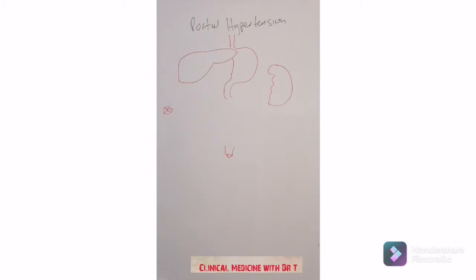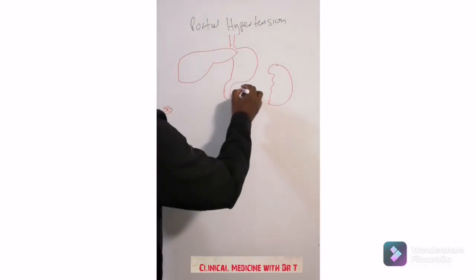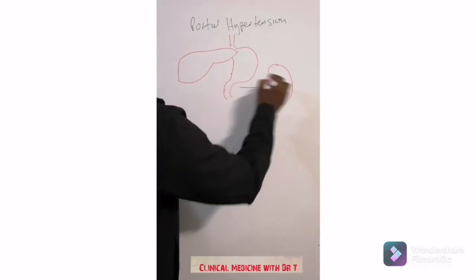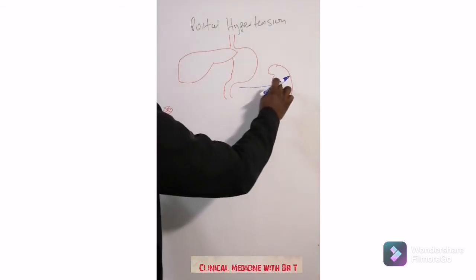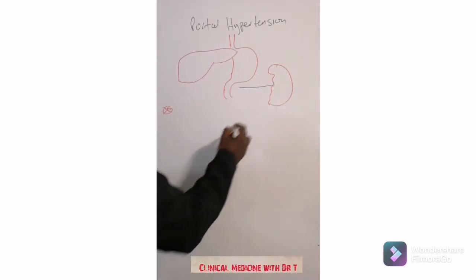Now let's visit the veins. So we've got a vein that drains the spleen. That vein is called the splenic vein.